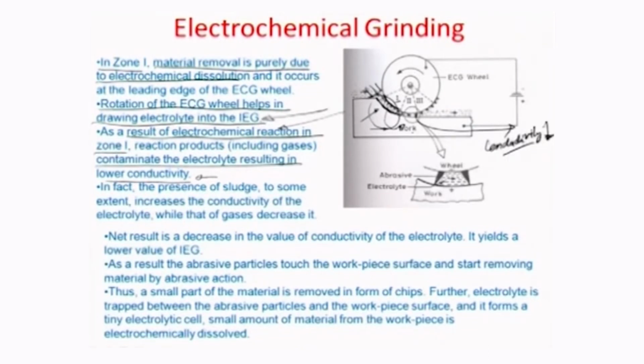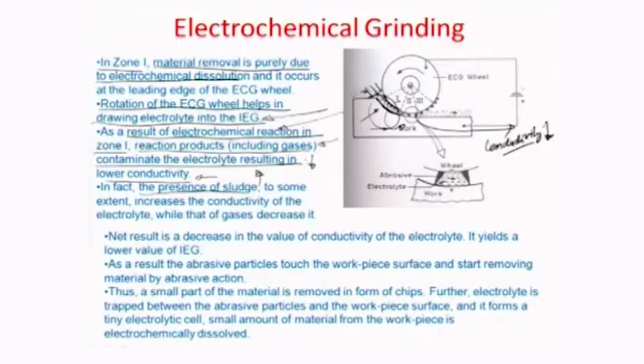In fact, there is a counter effect. If sludge or debris is present, the conductivity goes up, and if gaseous products of the reactions are present, the conductivity goes down. One is exactly counter to the other. So if sludge is more, the conductivity is higher. If gases are more, the conductivity is lower.